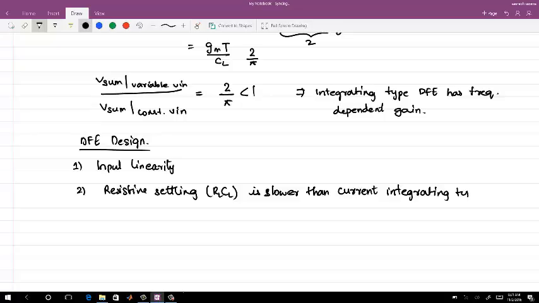Okay, this is another thing which we have seen, but the current integrating type has frequency dependent losses.